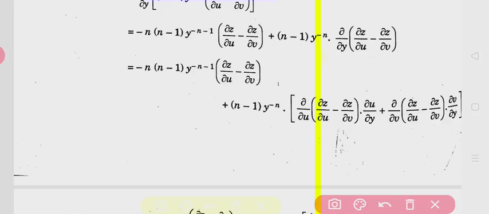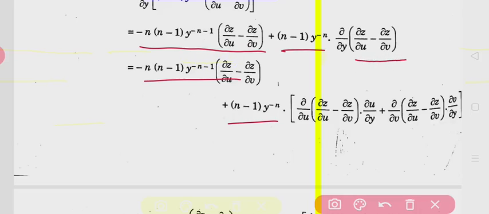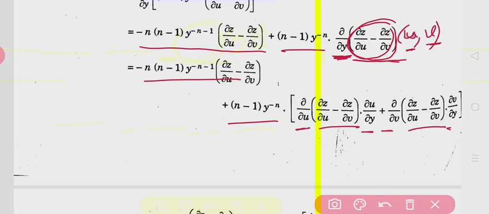This term will be as it is, and you have to find the partial derivative of this term, which is ∂z/∂u minus ∂z/∂v. But in this term, u and v are included; this is a function of u and v. But we have to find the partial derivative with respect to y. So first the derivative of this term with respect to u, then u with respect to y, plus the partial derivative of this term with respect to v, then v with respect to y.